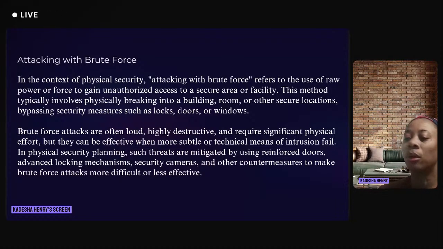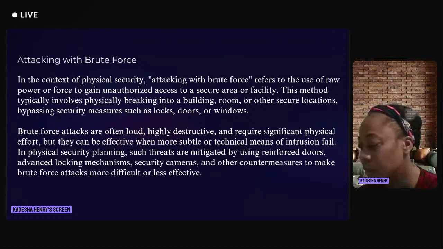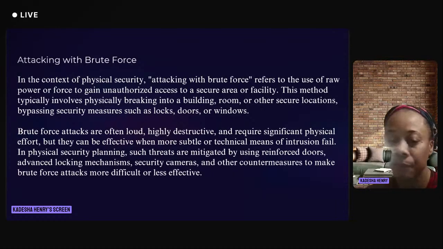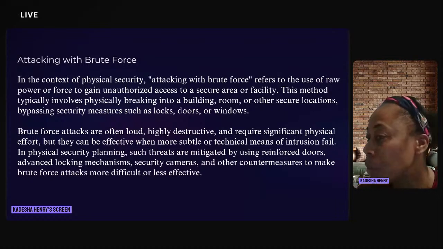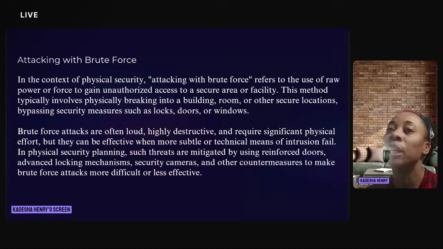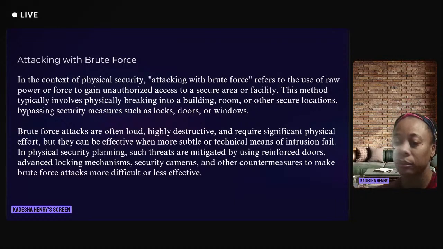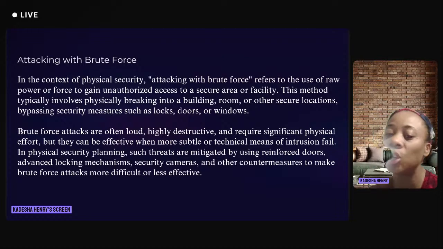So when we talk about making it more difficult and reinforcing, sometimes in a building you not only have the door, but you put another grill on the door, you put a remote lock on the door, you put a security lock on the door.